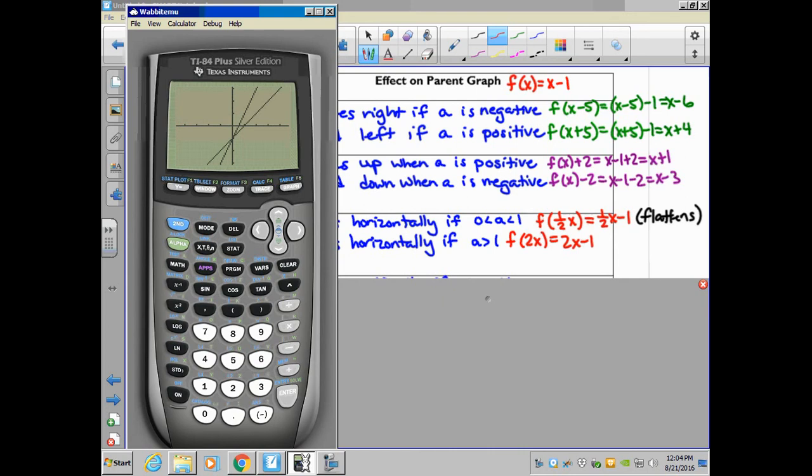There's my 2x minus 1. So this one's actually pushing it up. So it's horizontally compressing it, like if you take a beach ball and you press it together with your hands from left and right. Okay, you push it in. So it kind of pushes it up, I guess I would say. Pushes up.